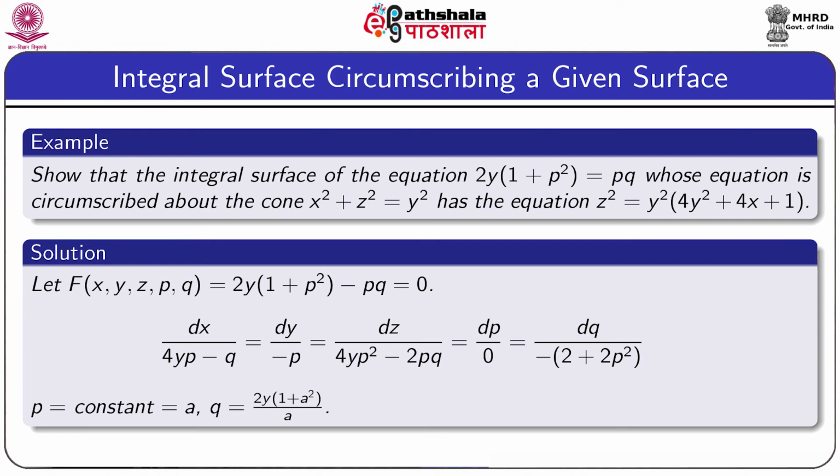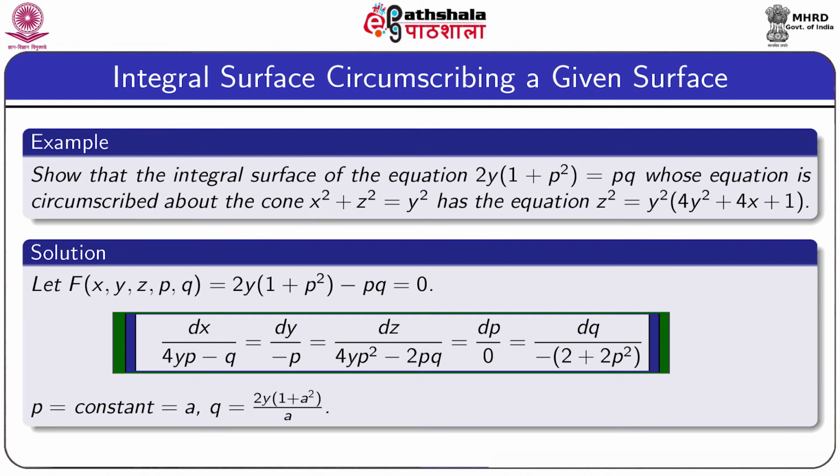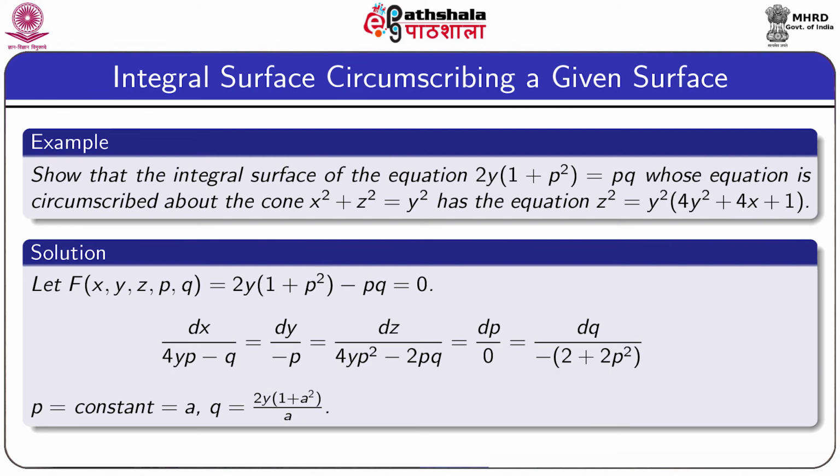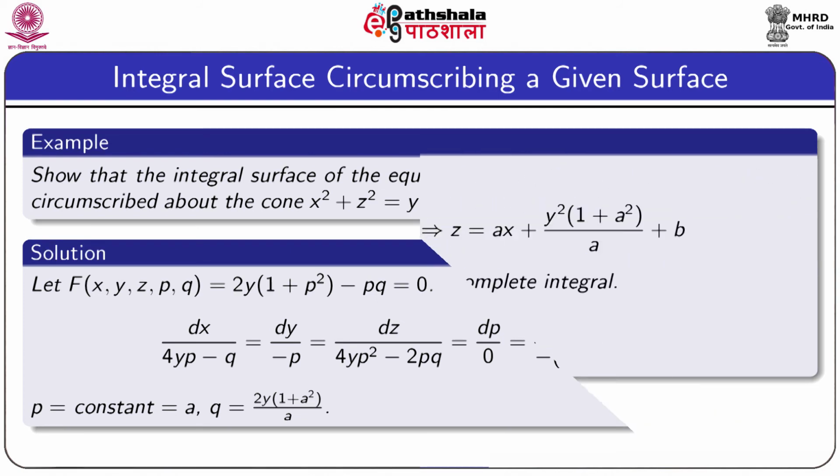and from this simultaneous equation, it is easy to find that dp = 0. So, p equals a constant, let us say that constant is a, and from the given equation F = 0, if you substitute the value of p, we will get the value of q as 2y(1 + a^2)/a.